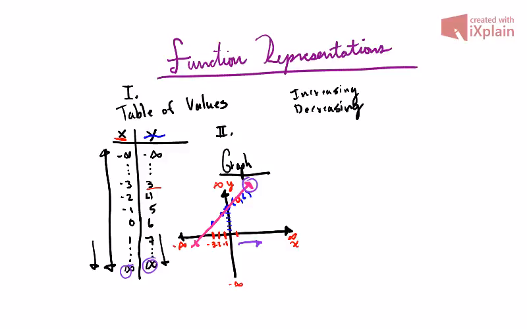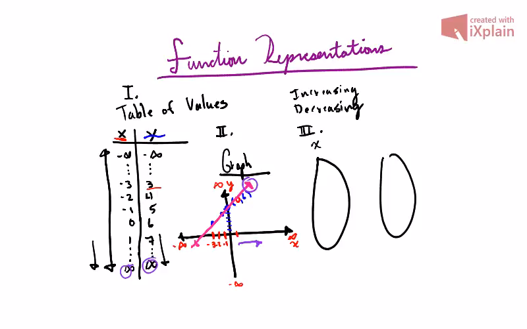A third representation that is commonly used in high school math is a mapping diagram. You've got a list of x and a list of y, and they just plug in random values. Let's say negative 3, negative 2, 0, and 1. We're going to use red for x and blue for y. At negative 3, we had 3, negative 2 was 4, 0 was 6, and 1 was 7.